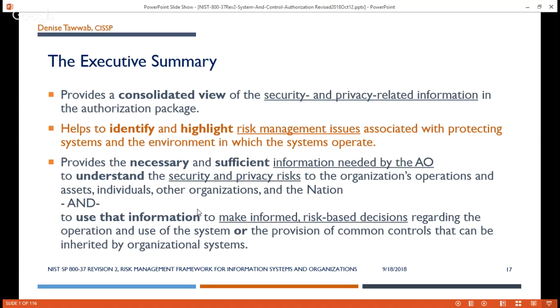The executive summary provides necessary and sufficient information needed by the authorizing official to understand the security and privacy risks to the organization's operations, assets, individuals, other organizations, and the nation, and to use that information to make informed risk-based decisions about the operation and use of the system or the provision of common controls that can be inherited by systems.